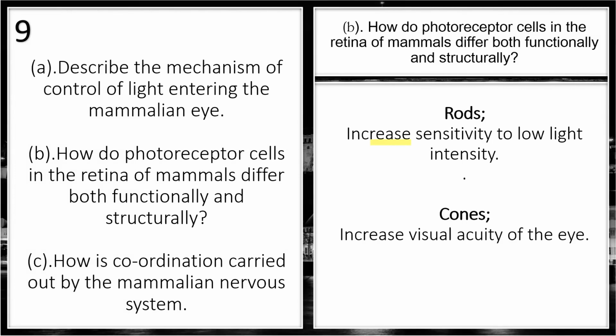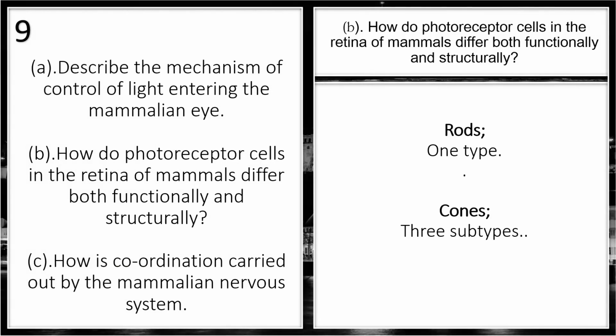Rods increase sensitivity to low light intensity, whereas cones increase visual acuity of the eye. Rods have one type, and cones have 3 subtypes.